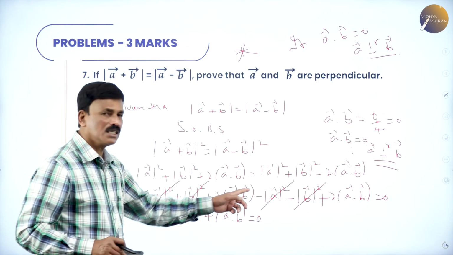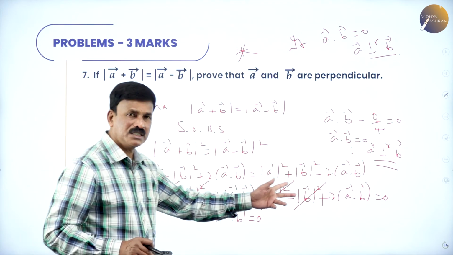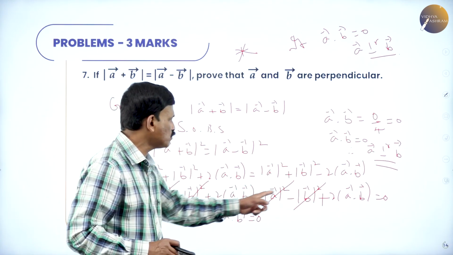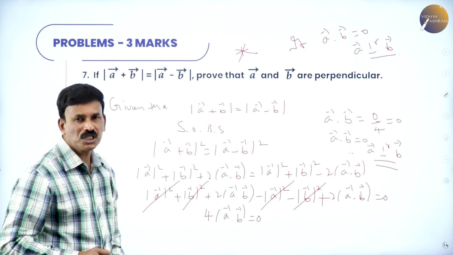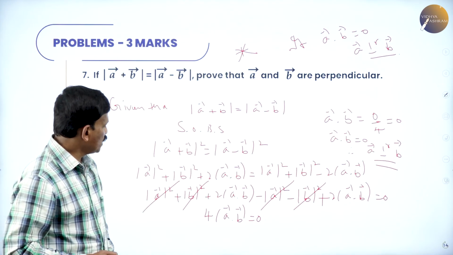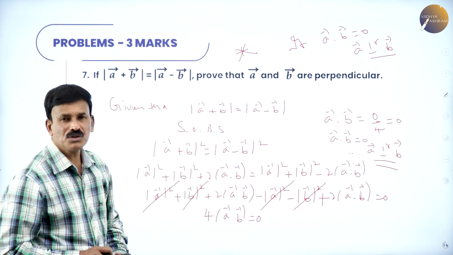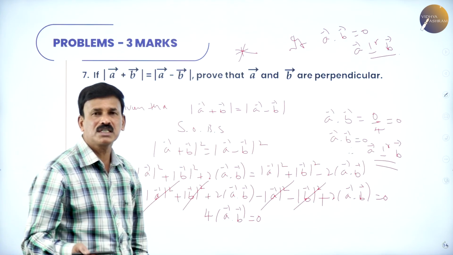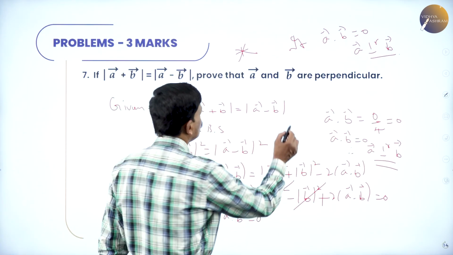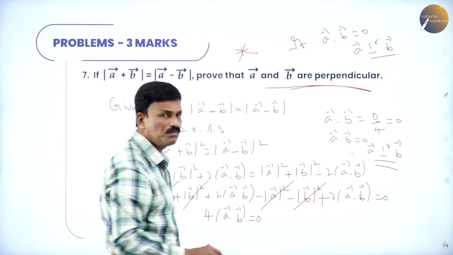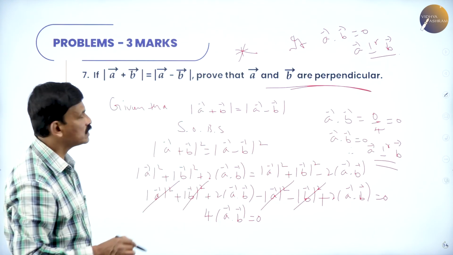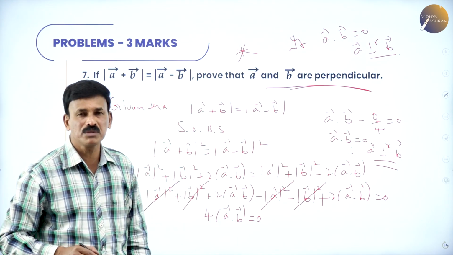Plus A minus A length cancel, plus B minus B length cancel. What is left over? 2 times A dot B plus 2 times A dot B is 4 times A dot B. Therefore, A dot B is equal to 0 by 4, means 0. If A dot B is equal to 0, the vector A is perpendicular to vector B. That's it. Very simple, very easy. You will get 3 marks very easily. Very important problem indeed. Okay.